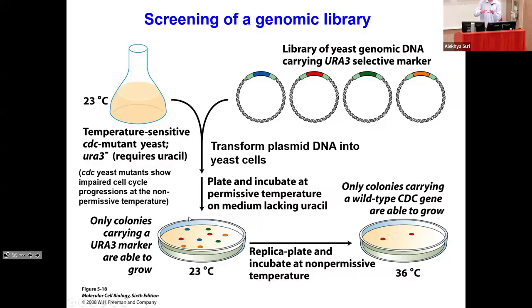So this is called replica plating. And then when you grow these new plates at high temperature, you may get colonies that will grow. The majority of the colonies may not grow.